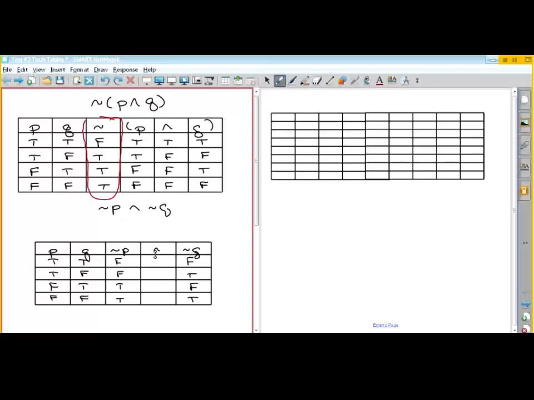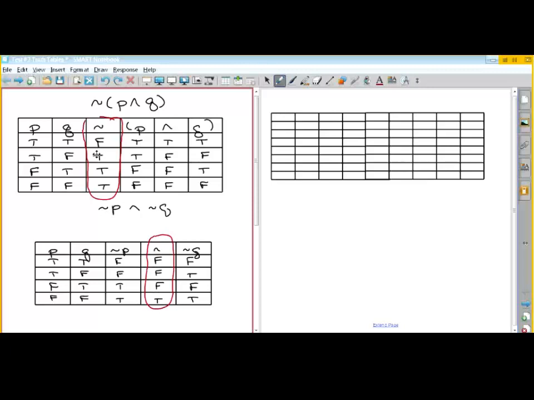Now, this is the AND operator again, and the AND operator is true only if they're both true. You'll notice that the last row has two trues, so that's true, but all the other ones are false because there's at least one false. That's the result we look at to see the truth values for this logic operation.